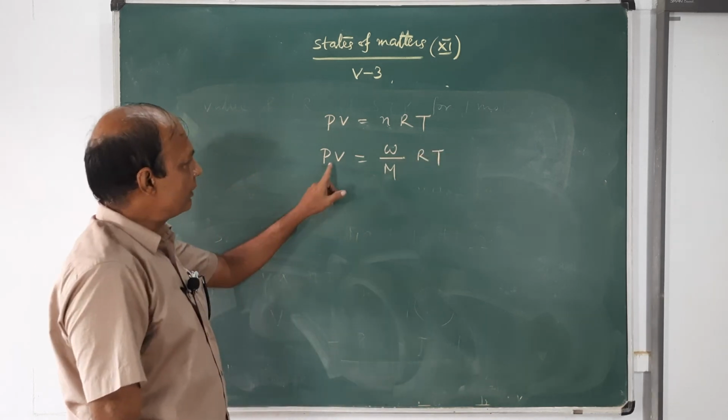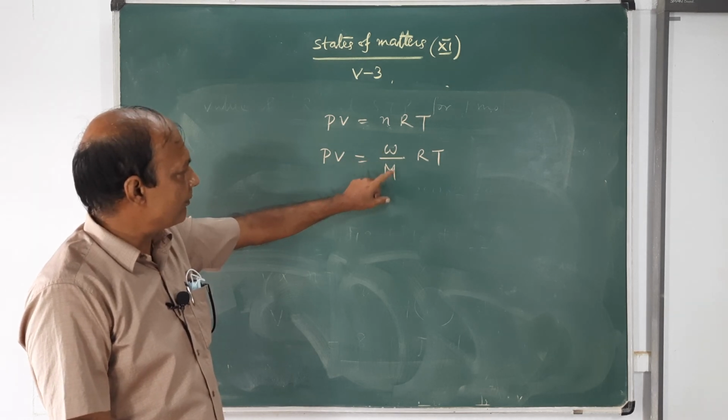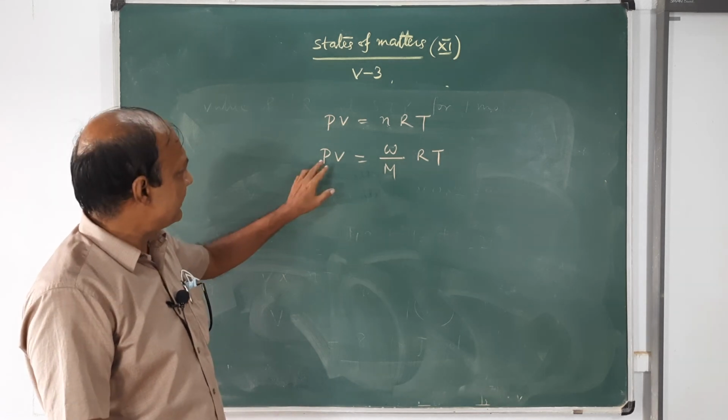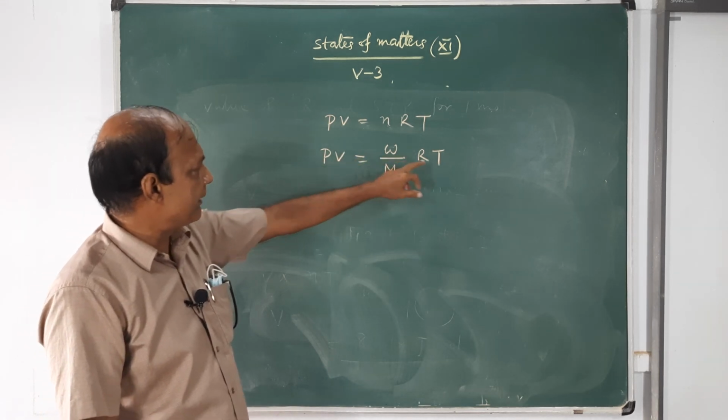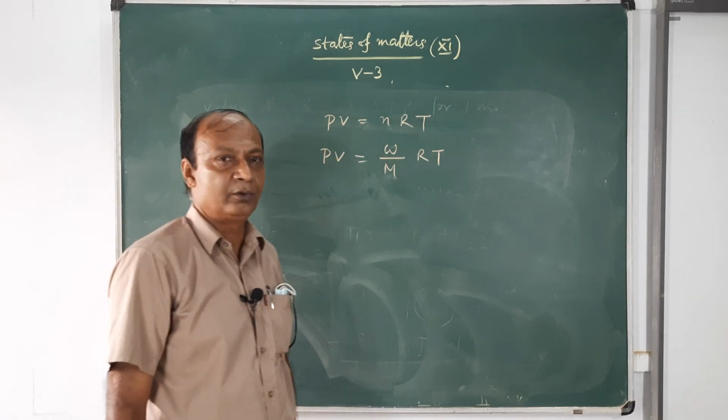This formula is better because if the weight of the gas is given and the molar mass is known, then you can find the other parameters. Or if P, V, temperature and weight of the gas are known, you can find out the molar mass of the unknown gas.